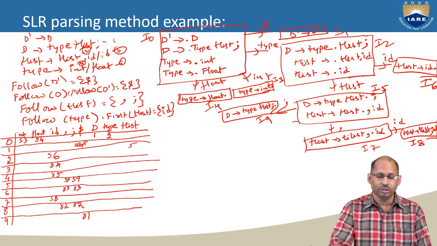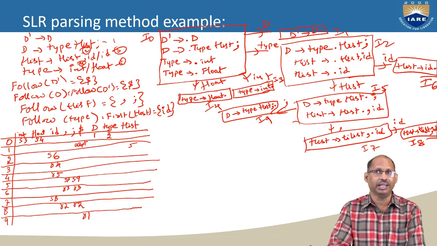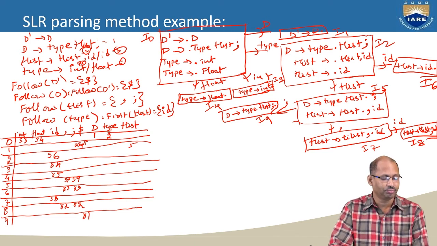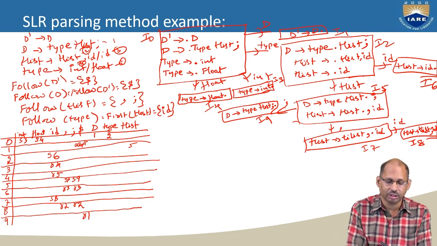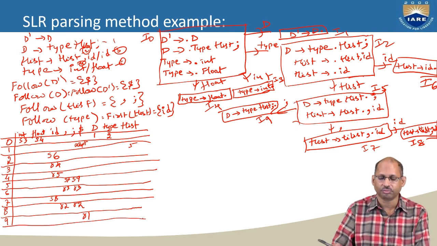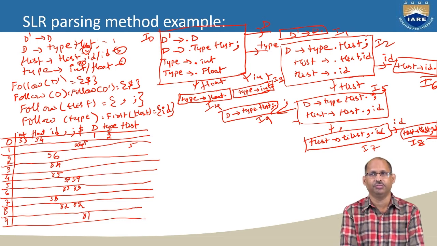So for I9 on dollar sign we have written R1.